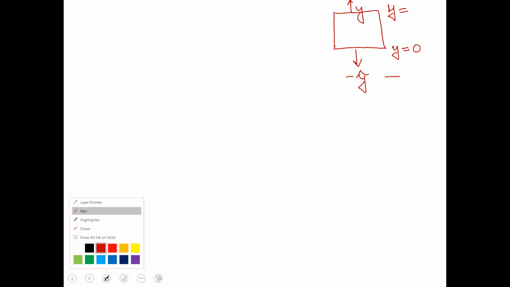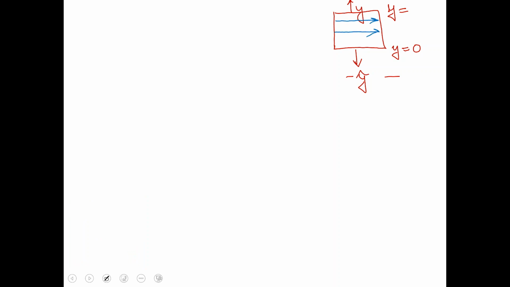Now remember, for this case, you also have magnetic field Hy present, and then you have magnetic field which is going to be Hz.